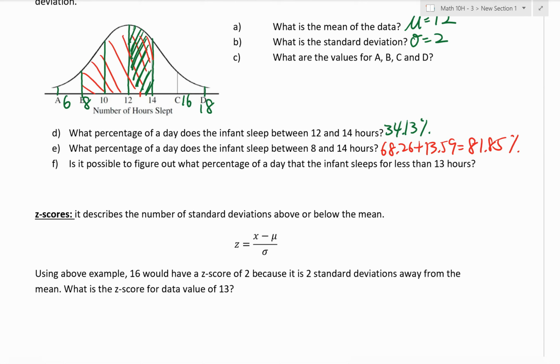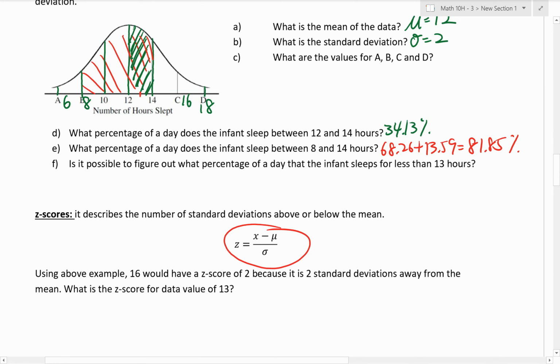The Z-score could be like negative 2.5. It means that we're looking at 2.5 standard deviations away from the mean to the left, or below the mean. So Z-score describes how many standard deviations away from the mean, whether it's above or below, depending on whether it's positive or negative.